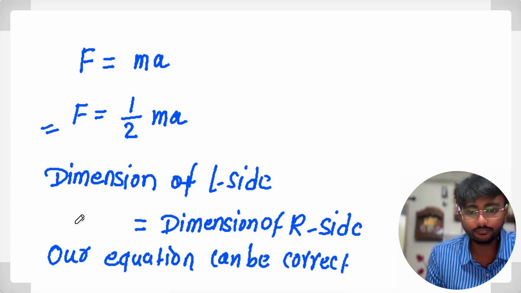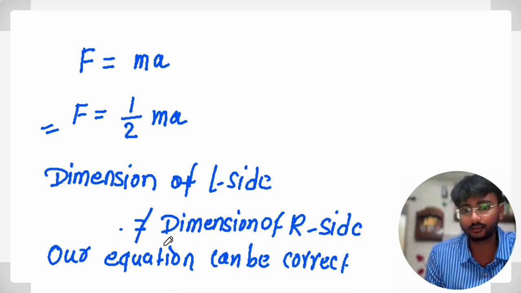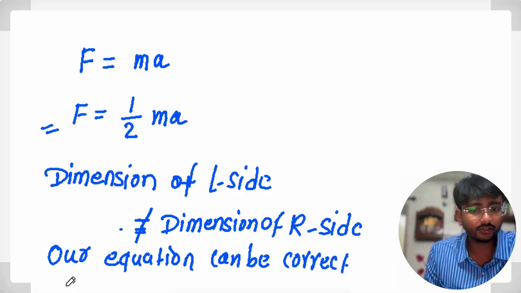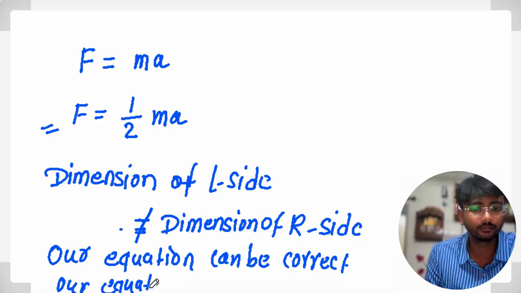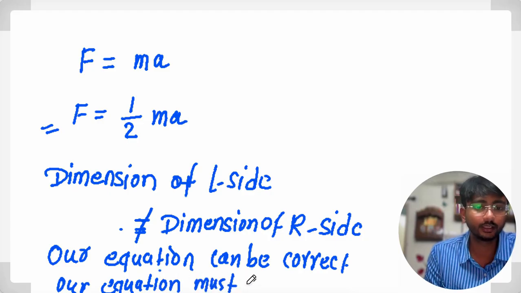But when the dimension of the left hand side and the dimension of the right hand side are not equal, then our equation must be incorrect.